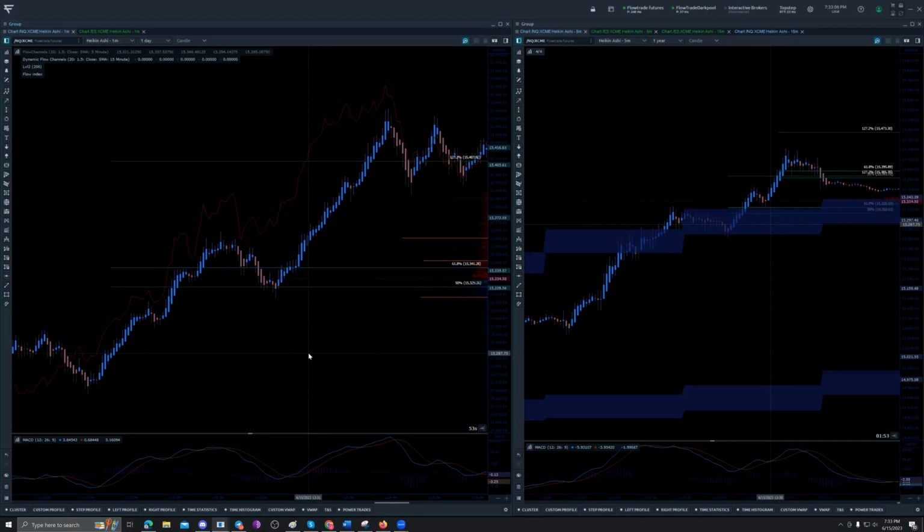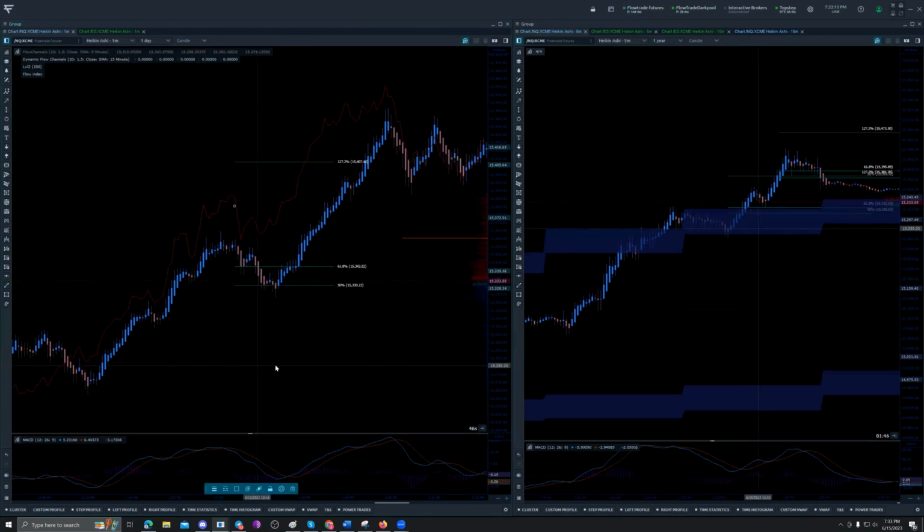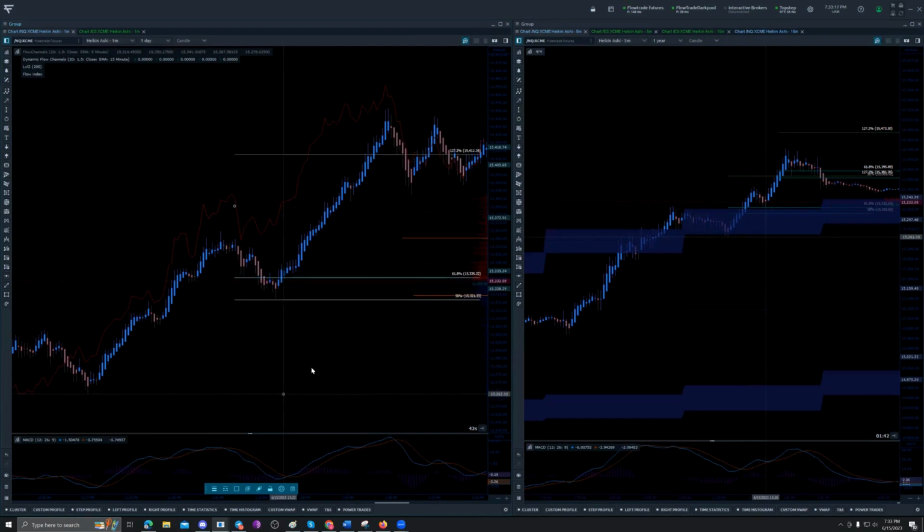The first red line. Now, do you exit right there? You seeing that first red candle? Because that's what I did. I saw the first red candle and I exited, not waiting for it to retest.